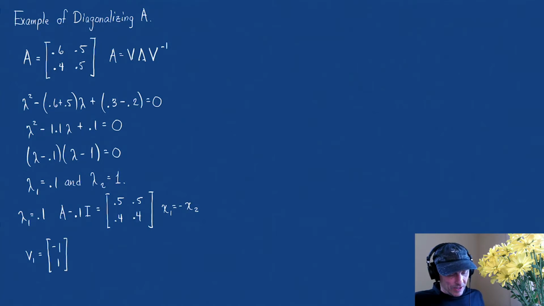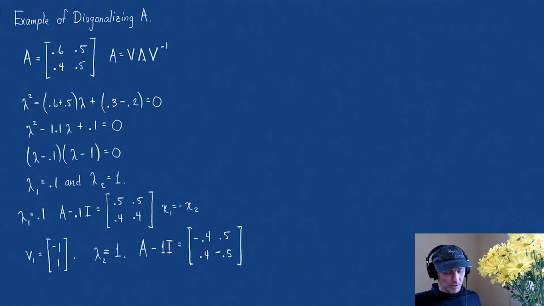Now, our next eigenvector is going to come from when lambda 2 is equal to 1. In that case, we have A minus 1 times I. That's going to be 0.6 minus 1 for a minus 0.4, and then a 0.5, and then a 0.4, and 0.5 minus 1 is minus 0.5. Again, you can see that a multiple of negative 1 is the difference between these rows.